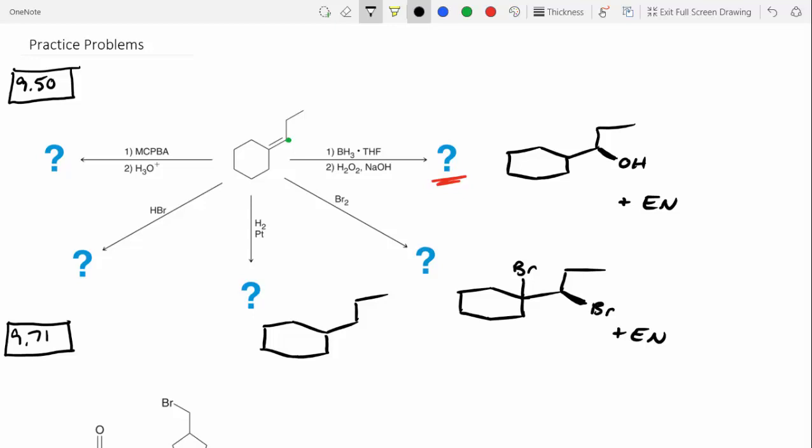All right, the next one, we've got HBr. Will that do anti-Markovnikov or Markovnikov? Markovnikov addition. So if we think about Markovnikov addition, it's going to add into the more substituted side of our alkene.